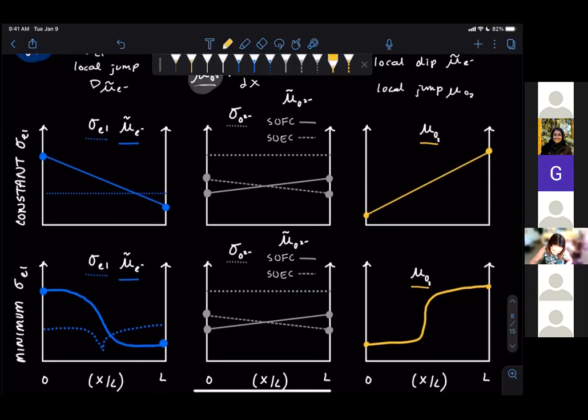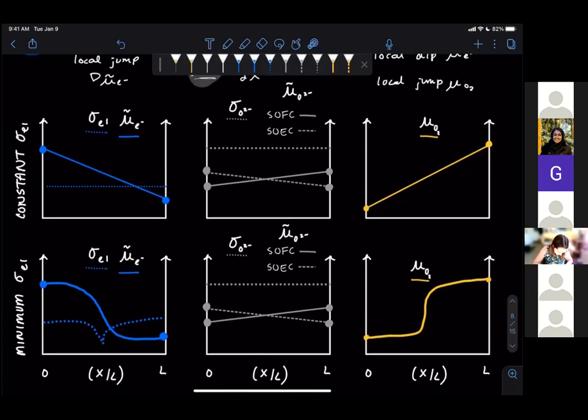Okay, so now we know what happens when we have some sort of minimum in the conductivity of electrons. And the reason why it gets interesting now is because you have to remember that essentially at these points, this is corresponding to neutral oxygen existing over here and neutral oxygen existing over here.